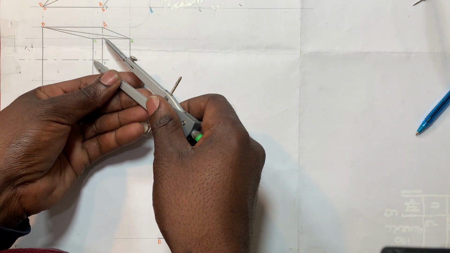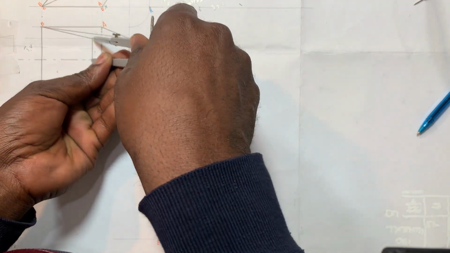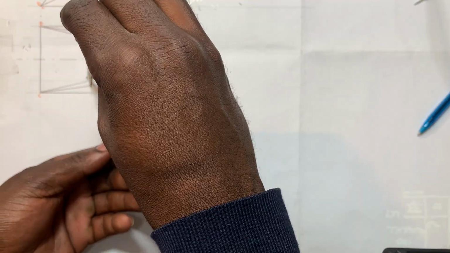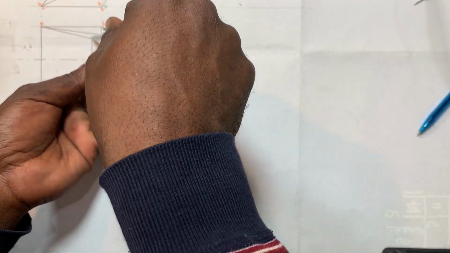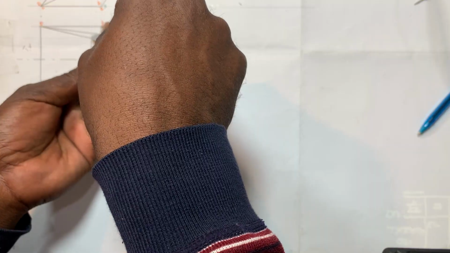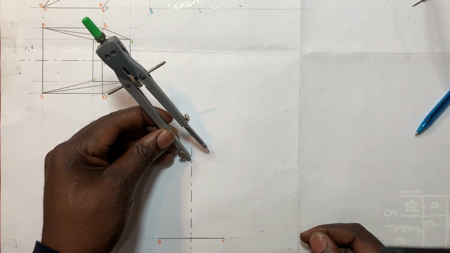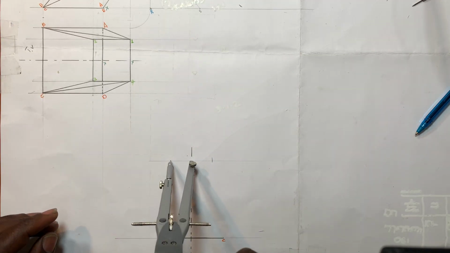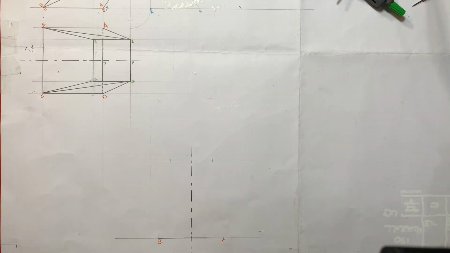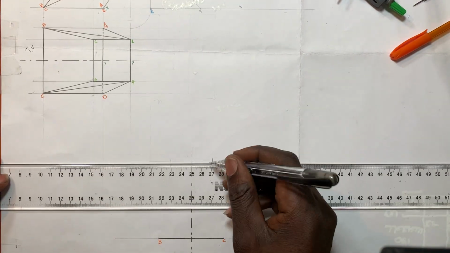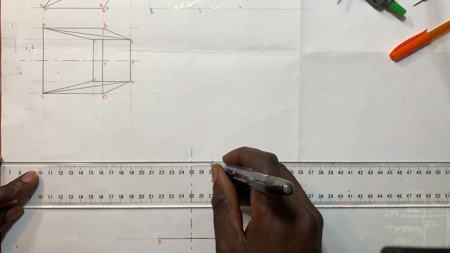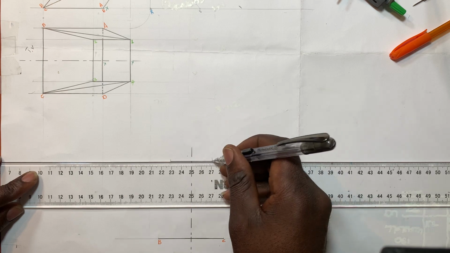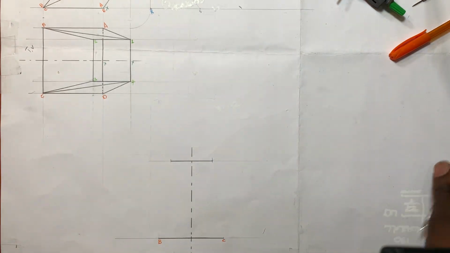So now come and place it where now? At the center to point 2. And you know that is the same as to point 3, isn't it? Center to point 2. This is it. Now I'll come and place it here at the center. I mark this side. Also mark this side. So that now I can have this one dark from here to right here. Dark from here to right there.